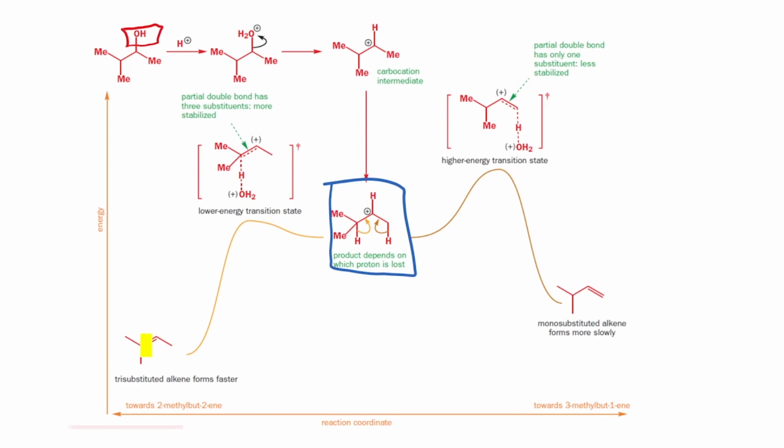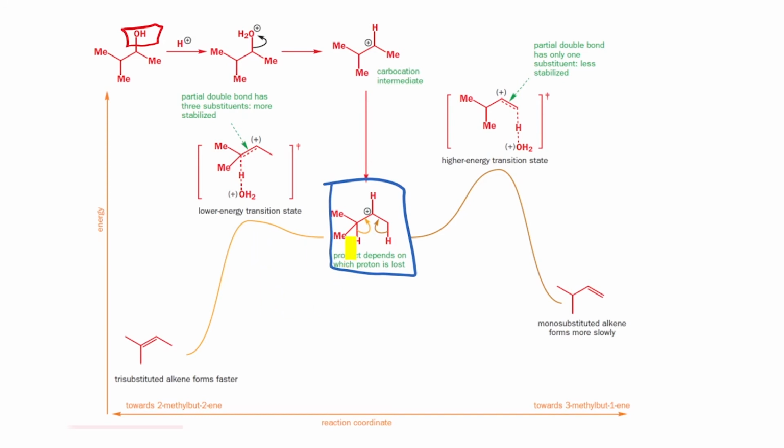And again, by invoking Hammond postulate, what we can propose is that in an exothermic reaction, the transition state resembles the starting material. So here is the starting material that we are looking at, which is the carbocation, and therefore the structure of the transition state resembles the carbocation. So anything that stabilizes the carbocation actually stabilizes the transition state.